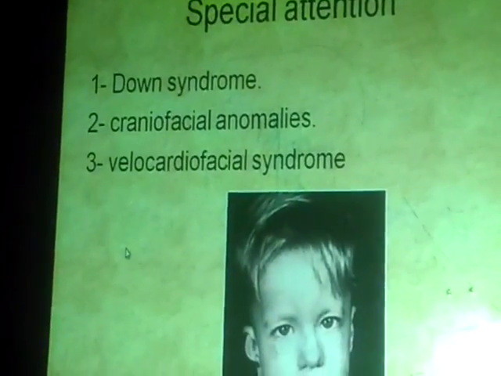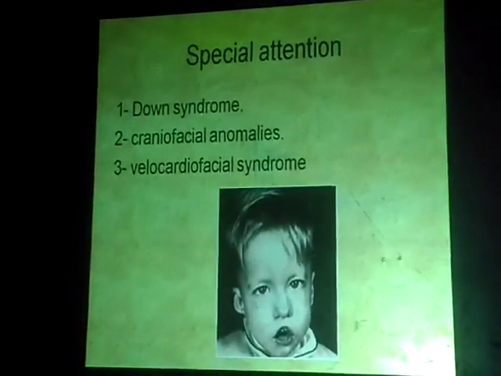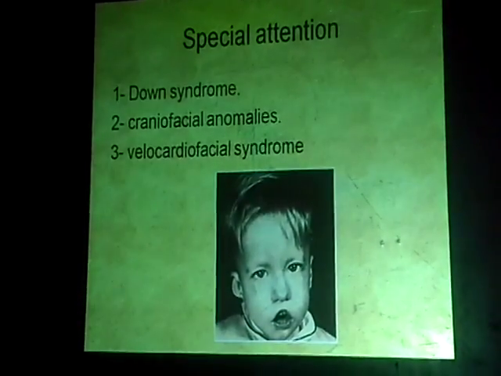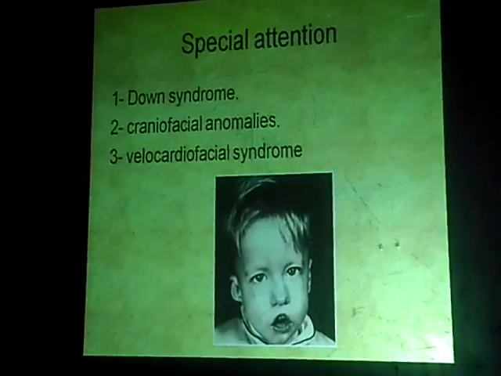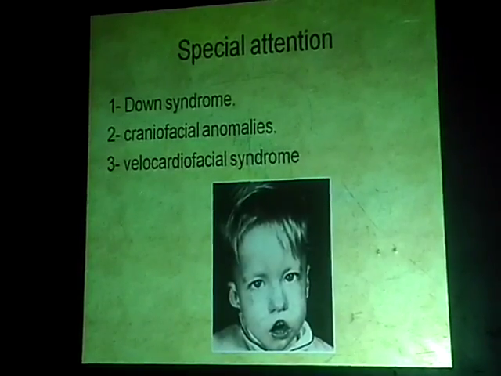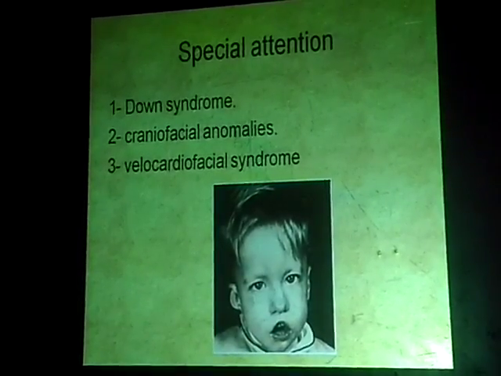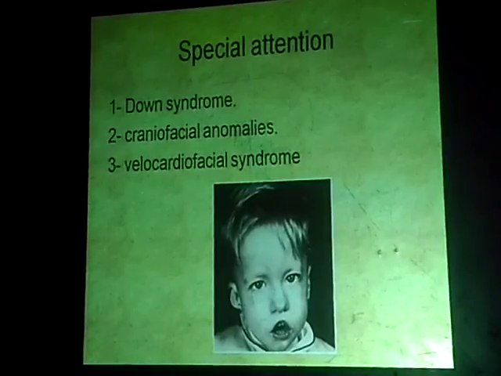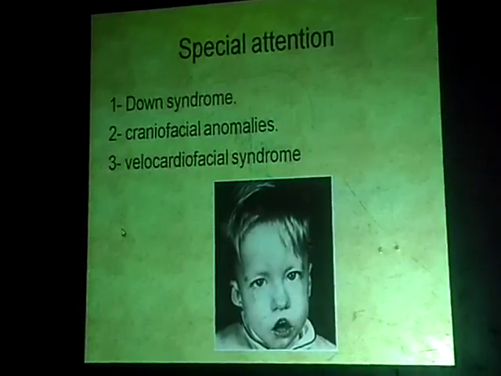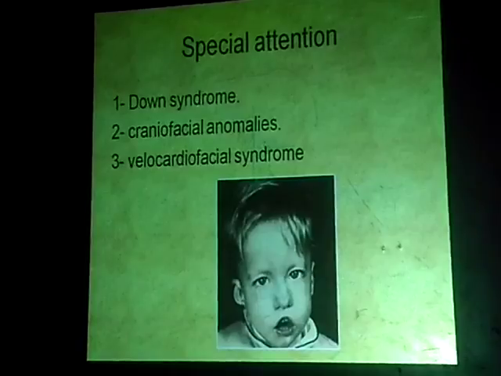There are some areas that require special attention. Patients with Down syndrome. A child with Down syndrome who's going to be subjected to an adenoidectomy should be taken under extreme care, because children with Down syndrome have specific criteria.